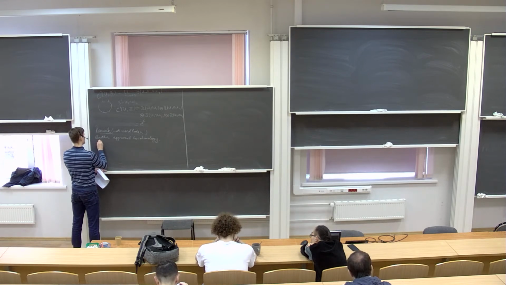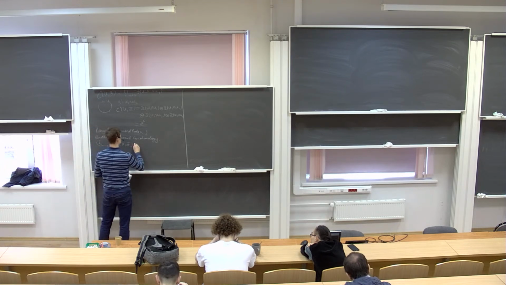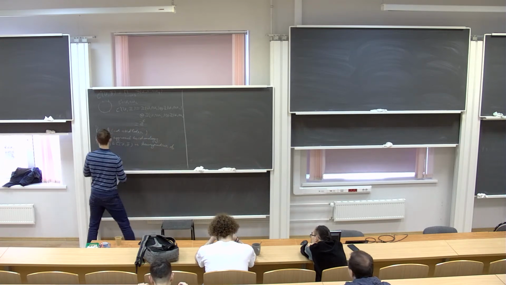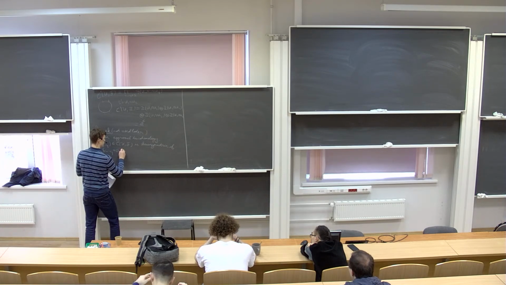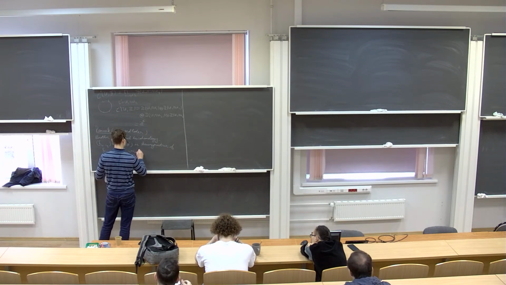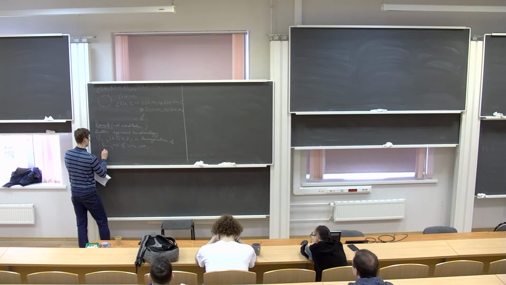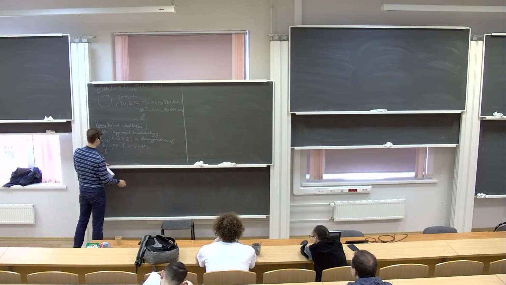One can say that some cochain f is skew-symmetric if f(i0...iq) is equal to 0 if i_k is equal to i_l for some k not equal to l, and if you permute these indices, the sign changes according to the sign of the permutation.